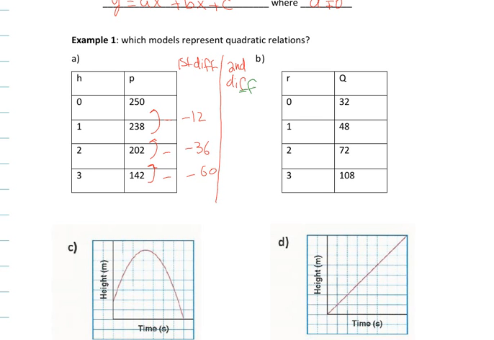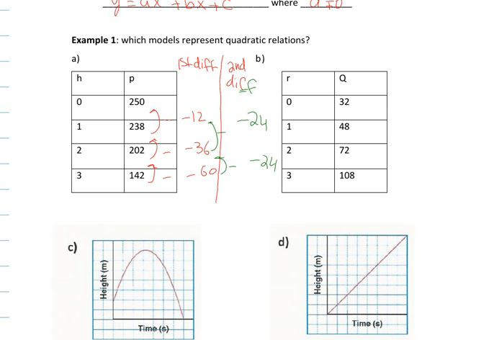So I have to do this minus this. Negative 36 minus negative 12, so that's negative 24. And then negative 60 minus negative 36, that's again negative 24.